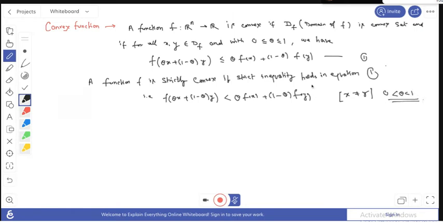Okay. So this is for a strictly convex function. This is for a convex function, and this condition holds for a strictly convex function. And what is a concave function?